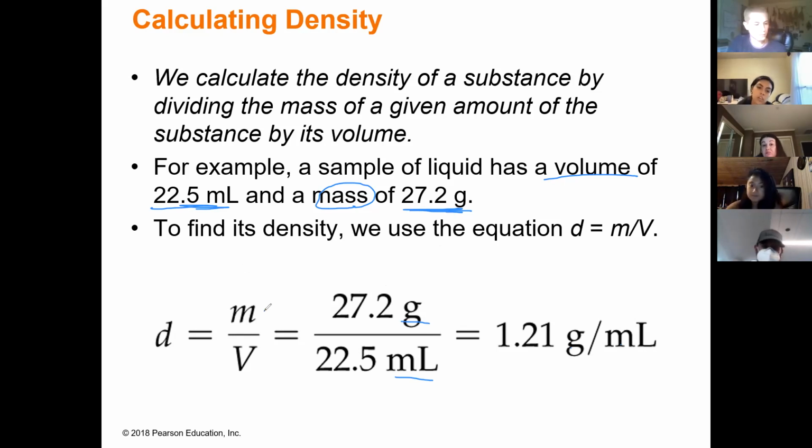It's not always that you're given mass and volume and you have to solve for density. Sometimes you're given mass and density, and I want you to solve for volume. So let's actually go ahead and do that.